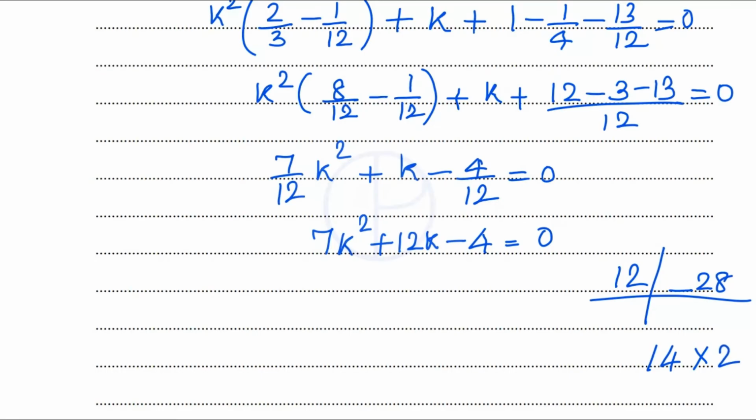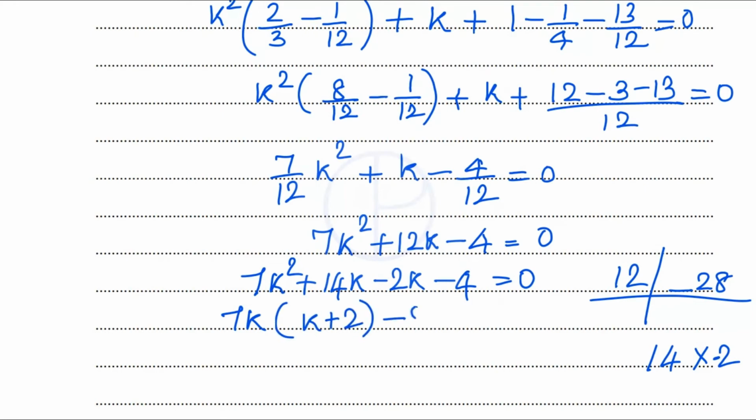So we need to get negative 28. So for 2 we will take negative. So 7k square plus 14k minus 2k minus 4 equal to 0. So take 7k commonly. So k plus 2.